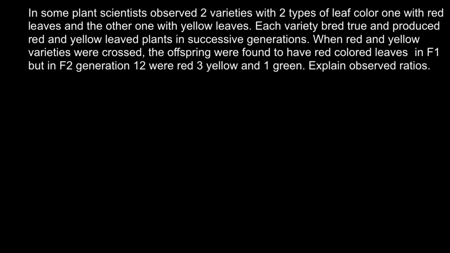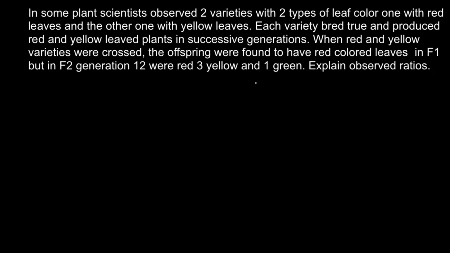So in this type of problem we see an unusual ratio of 12 to 3 to 1, and especially we start with just two colors, and in the F2 generation we have 3 colors. So some of you might think that we have 3 genes here.